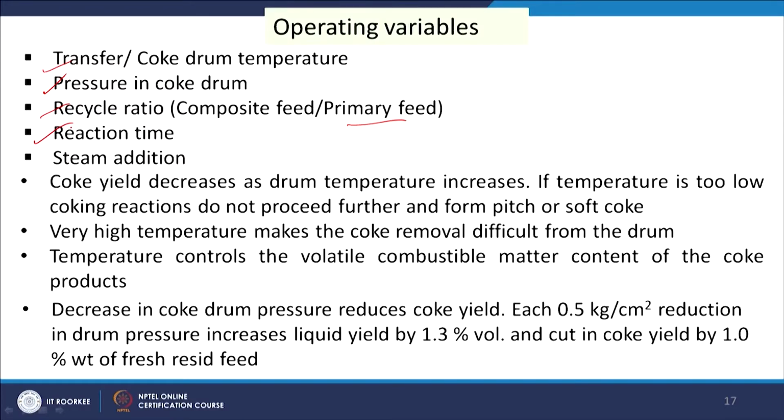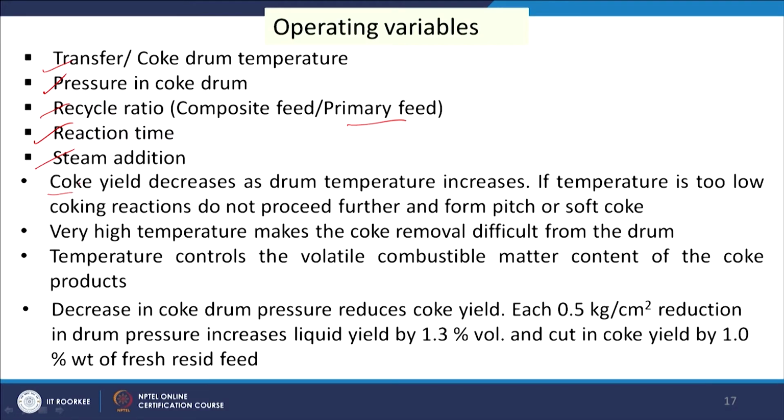I have shown you that we add some fresh feed and then we take the VR, the composite feed and primary feed, and that ratio is called the recycle ratio. That also influences the quality of the products, and so do the reaction time, how much time I give in the furnace, and how much steam is added.